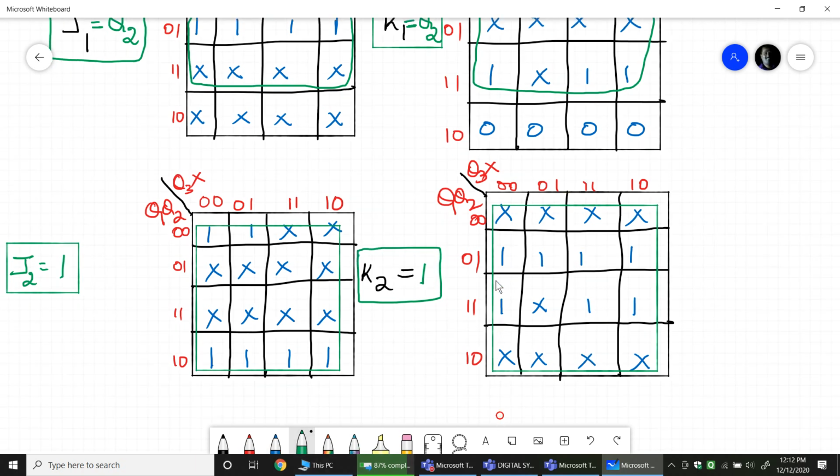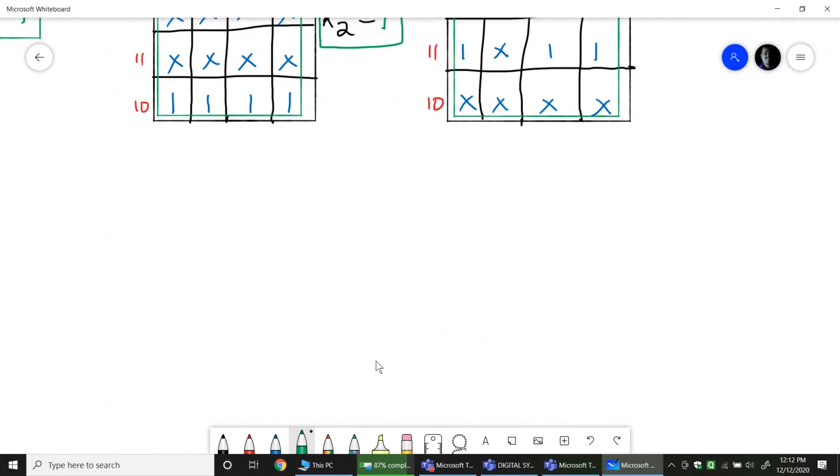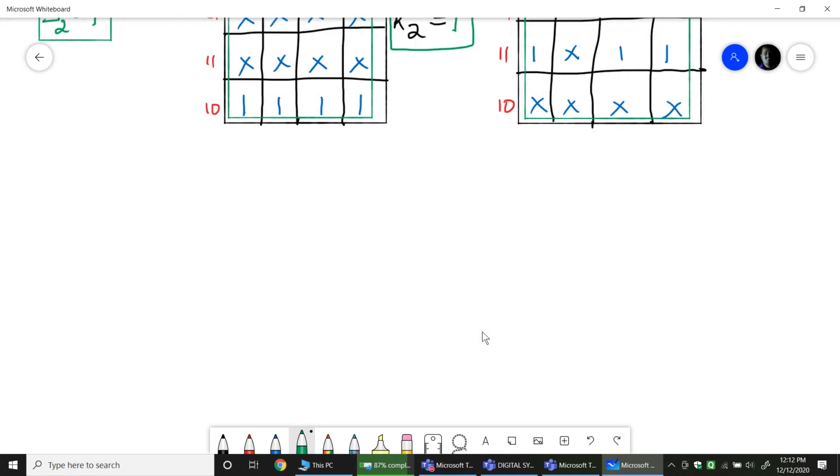Now finally the other two K-maps for J3 and K3 by looking into the table.